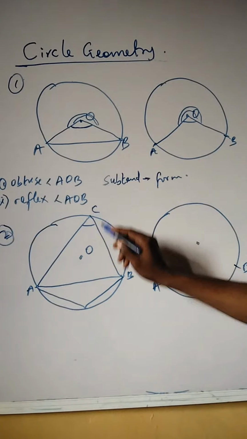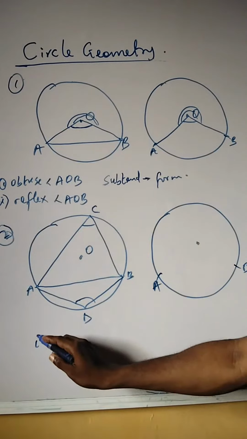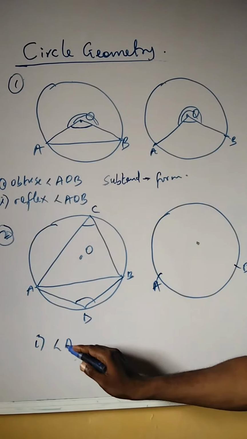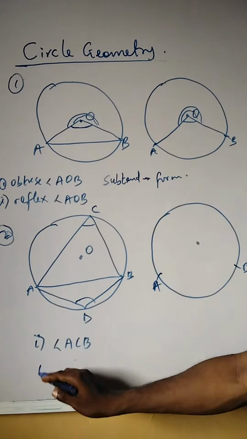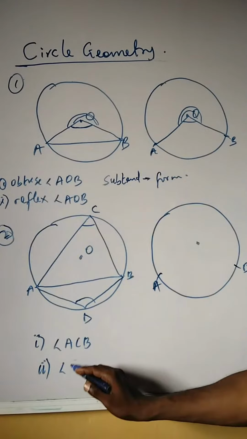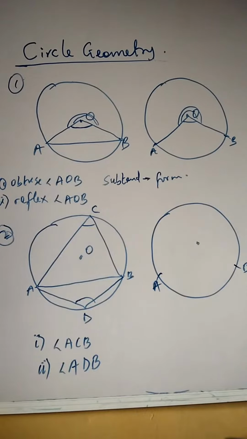One angle here we can label as C and this as D. So you can say one, we have angle ACB at the circumference, or two, we have angle ADB at the circumference. Similarly here, it might be an arc.